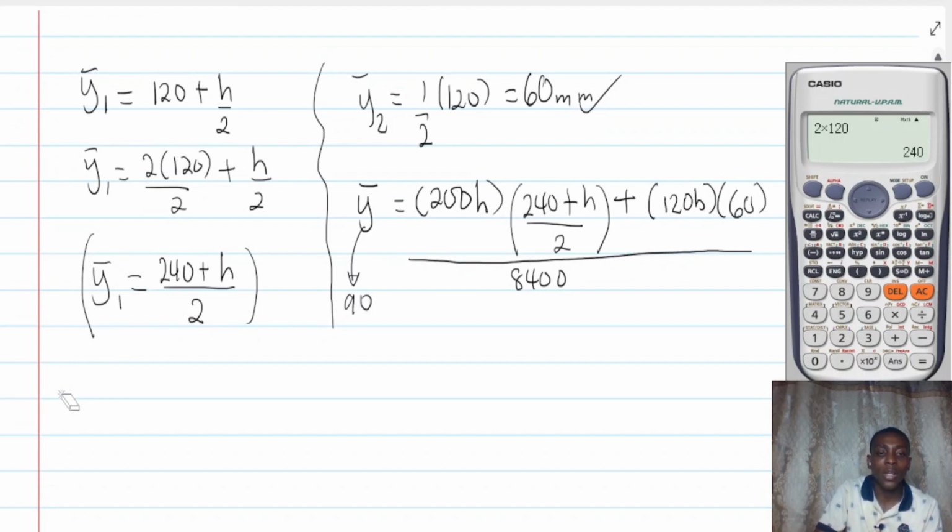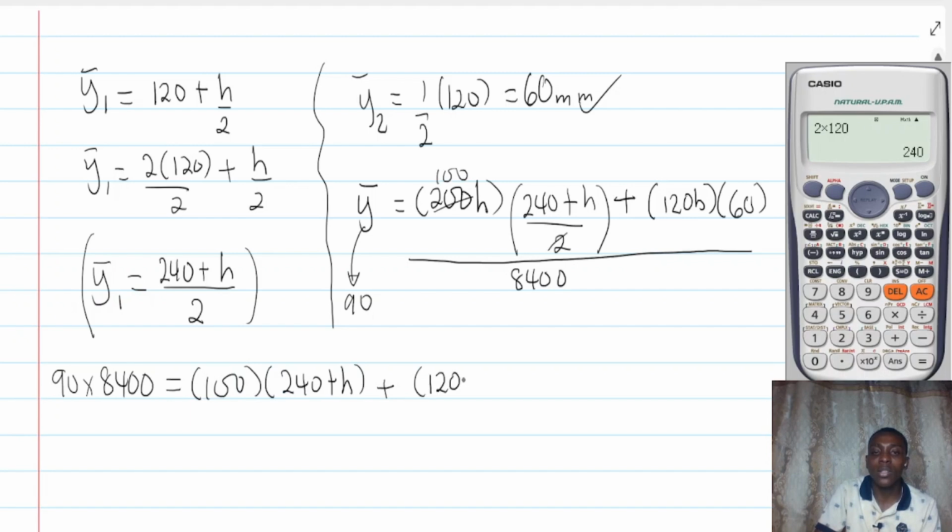So 90 multiplied by 8,400 will be equal to 200, so this 2 will take off this 100. It's going to be 100 multiplied by 240 plus H, and then plus 120 multiplied by 60 multiplied by B. At this juncture, we have an equation in terms of H and B.